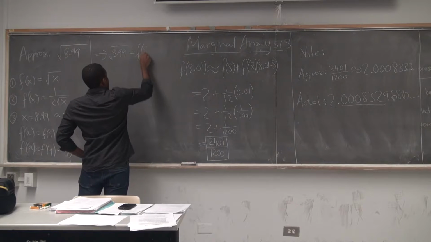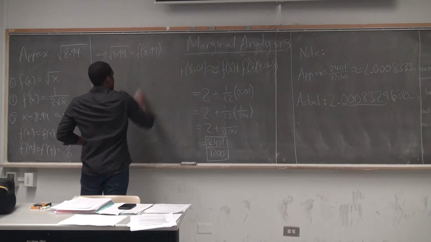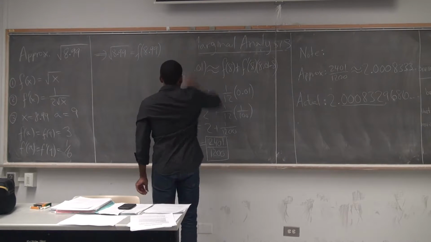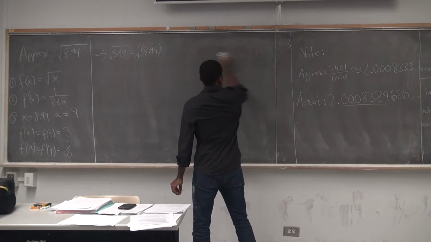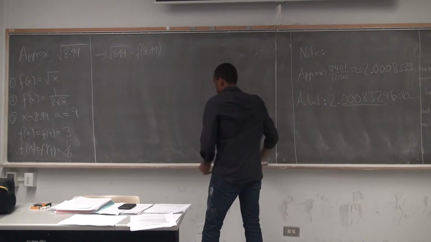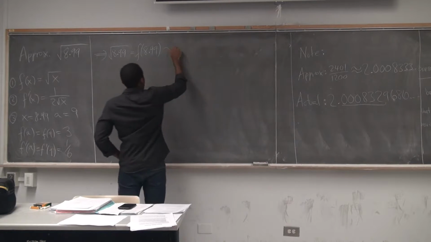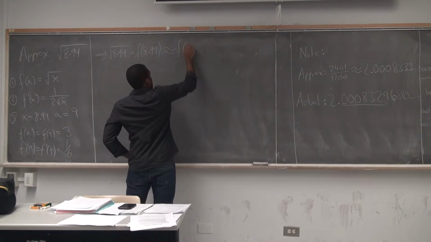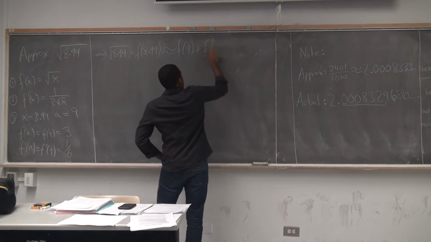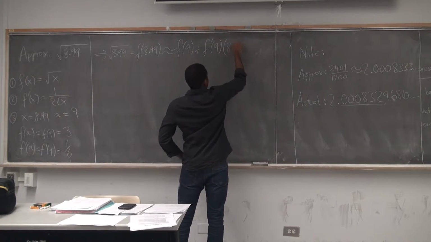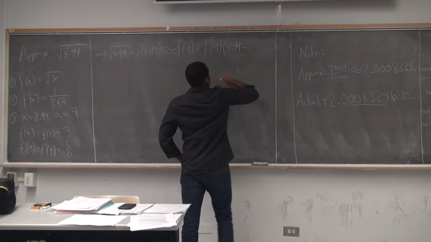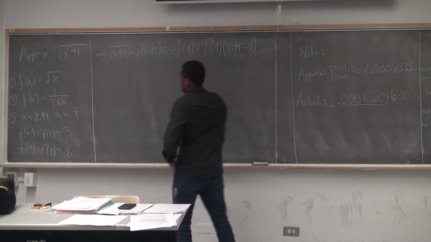This is just f of 8.99, but 8.99 is very ugly. I'm not going to use 8.99. I'm going to say that's almost the same as f of 9 plus f prime of 9 times 8.99 minus 9.